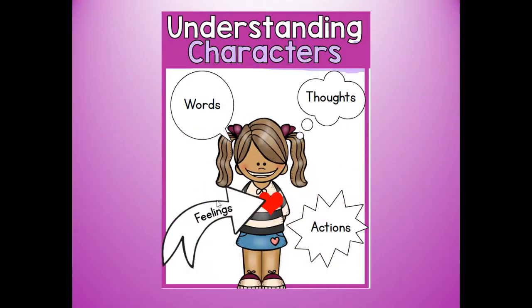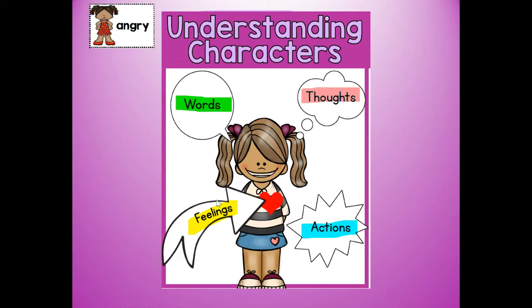All right, understanding characters. We're done talking about what they look like on the outside. Now we're going to talk about their personality traits, how they are on the inside. And you can understand a character through their words, their thoughts, their feelings, or their actions.